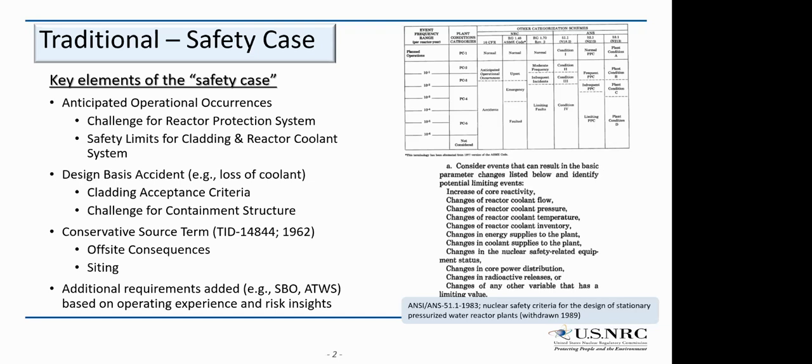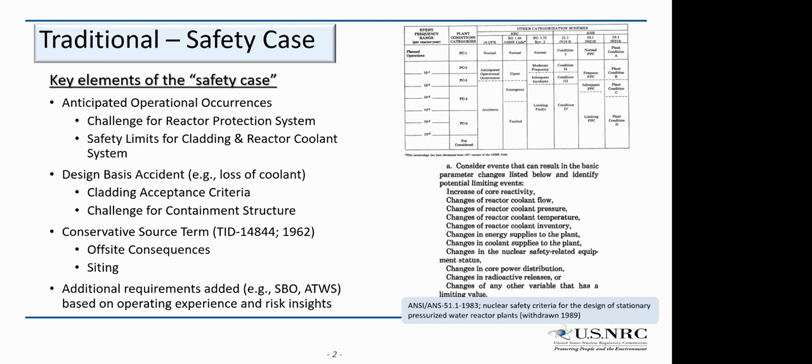And then over time, as experience was gained in the 60s and 70s and 80s up to current day, where necessary, additional requirements would be added to the regulations. The primary examples of those are station blackout and anticipated transients without scram. So that is where Part 50 came.